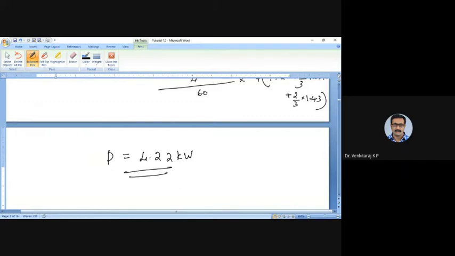That will be the power requirement of the given single cylinder, single acting reciprocating pump. Okay, so that completes our first problem. Now let us move on to the next problem.